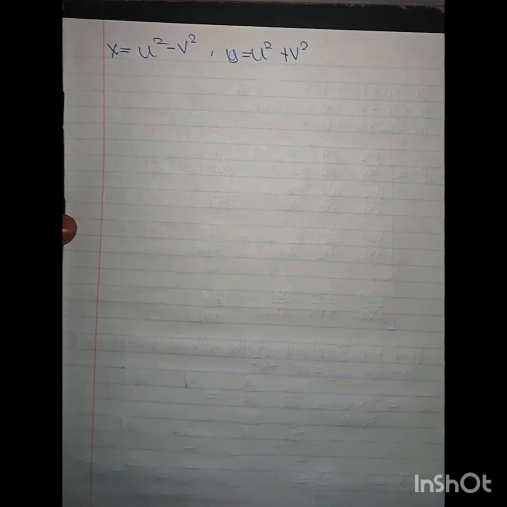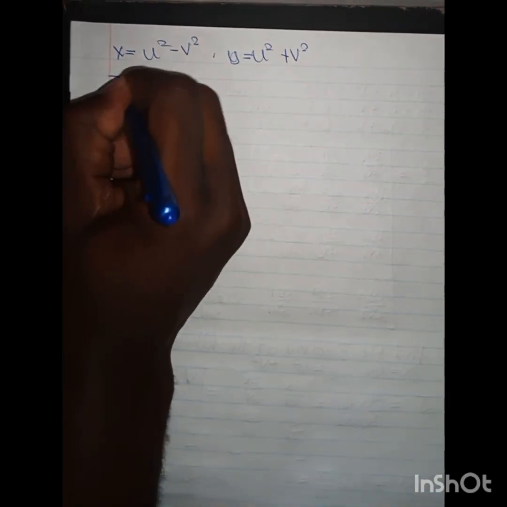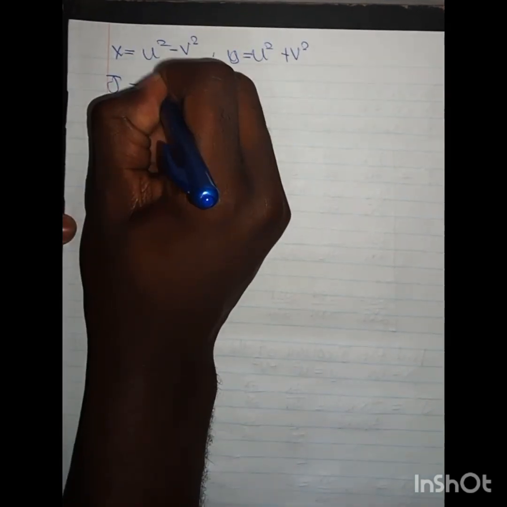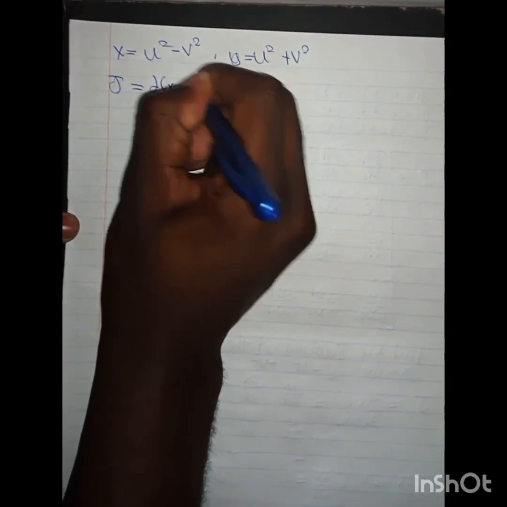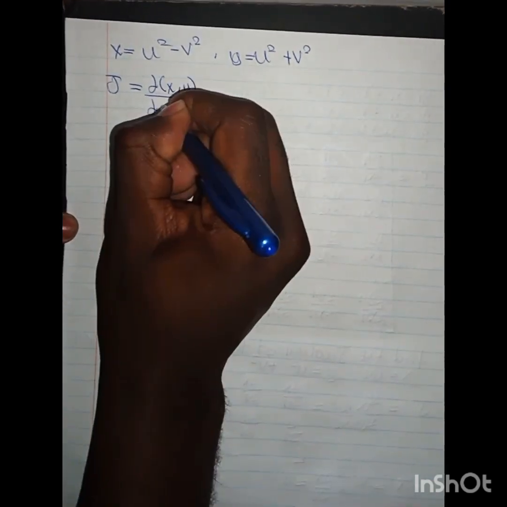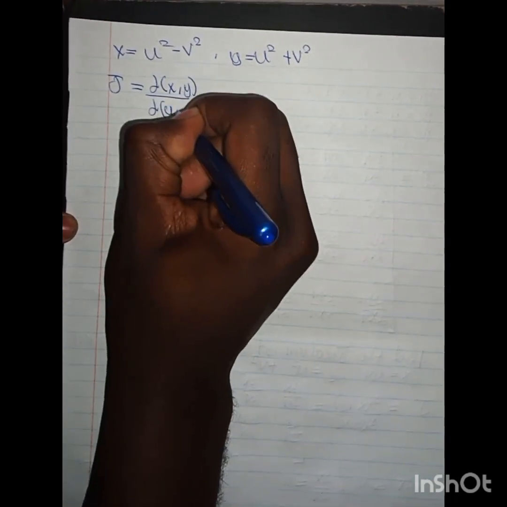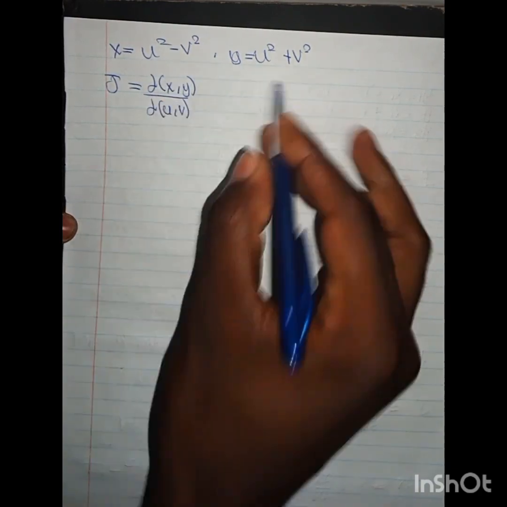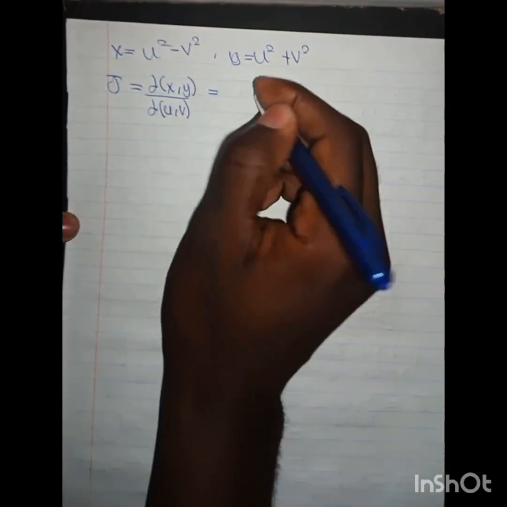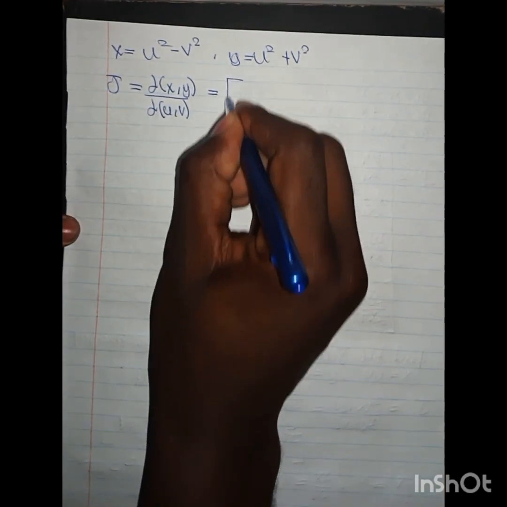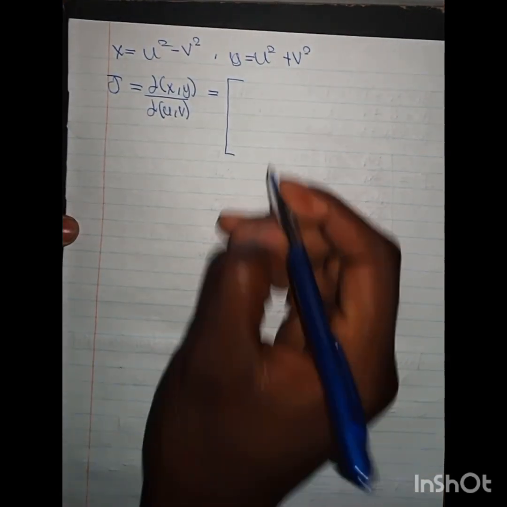We want to find the Jacobian matrix of the following transformation. J is given by the derivative of x and y divided by the derivative of u and v, because u and v are two variables from our main functions. Then this can be represented in this matrix.